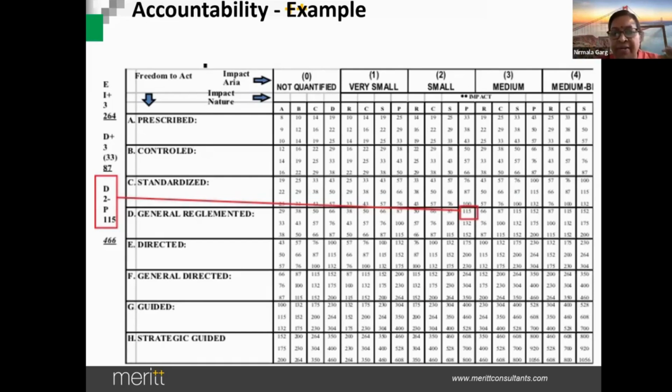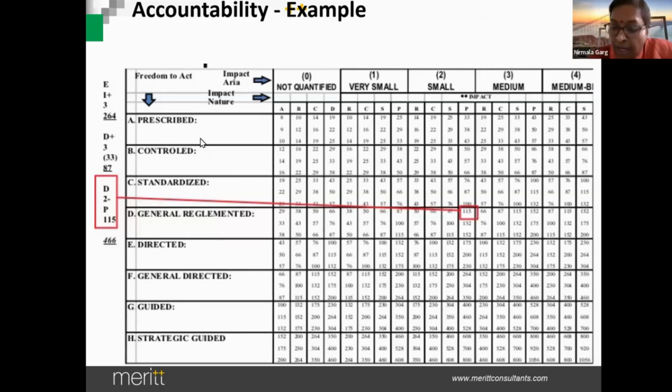But it is exactly the way we did it in the last session, the point plan method: calculating the total point value for every job, taking market data, and then doing the regression, calculating slope and intercept, and then finding the pay line salary.